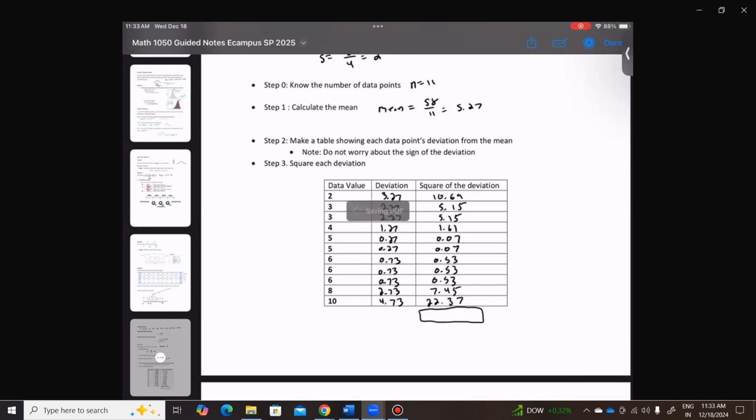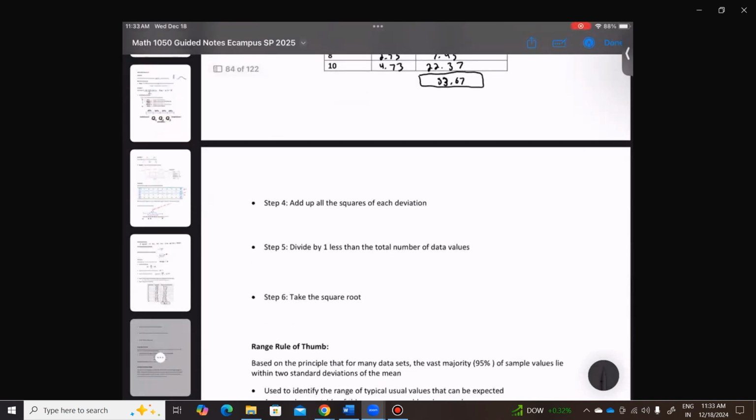I get 53.67. So that is your total, 53.67. Then divide by 1 less than the sample size.